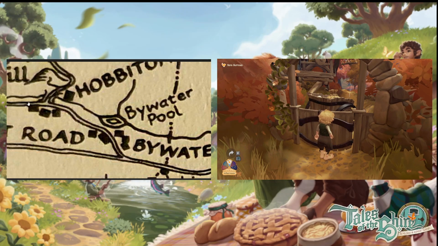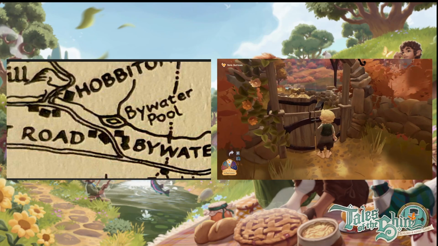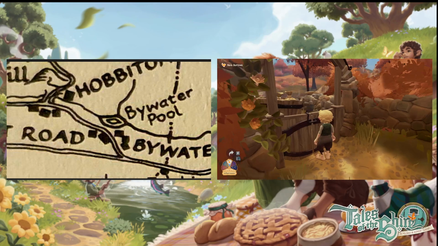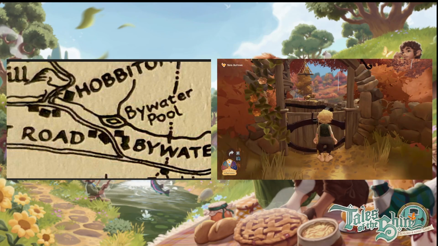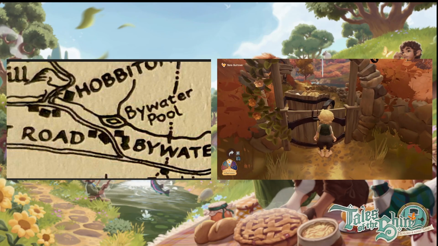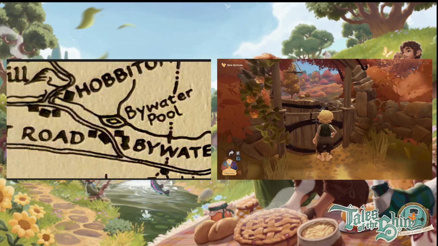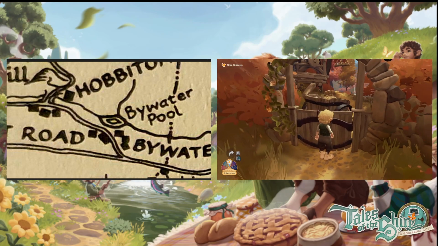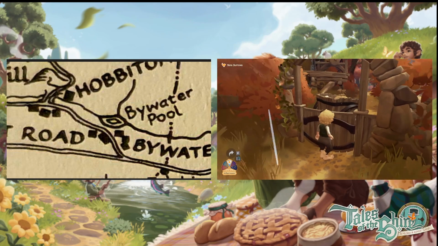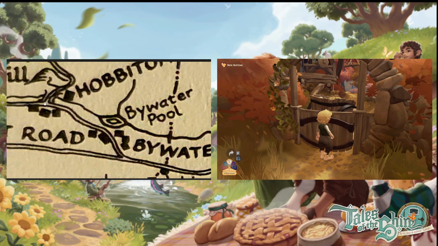We'll see stuff on this side of the stream, and then a bridge, and across the way is the hill, and then Bag End is up here. If they expand, either that area we're looking at right there would become Bag End, or the hill, or it's farther down the road around the corner. So that takes us here.